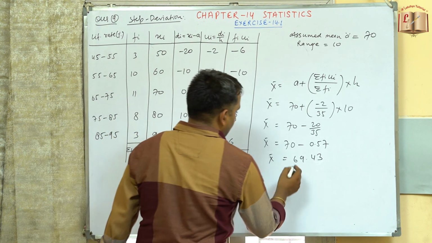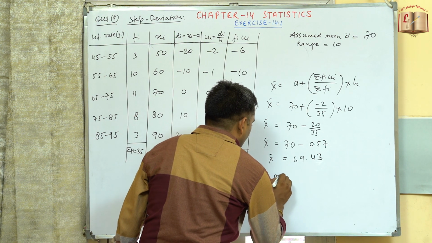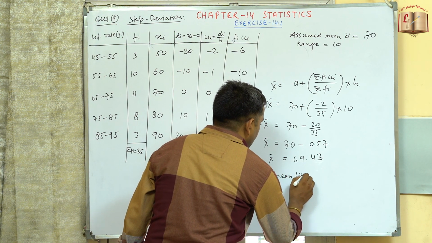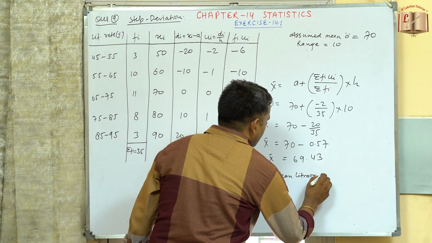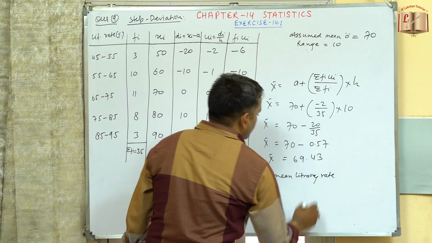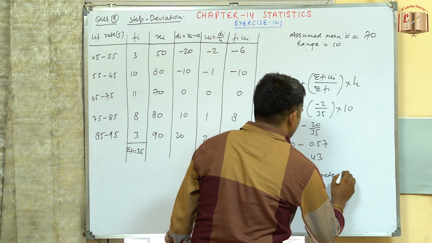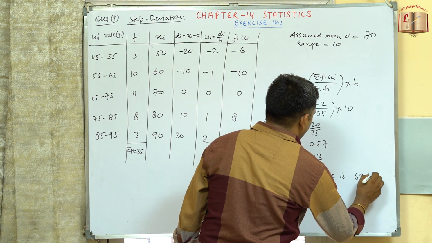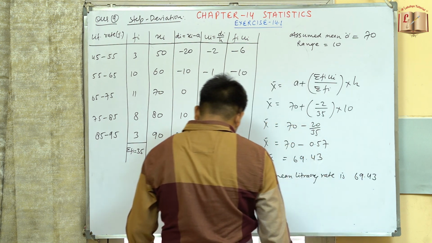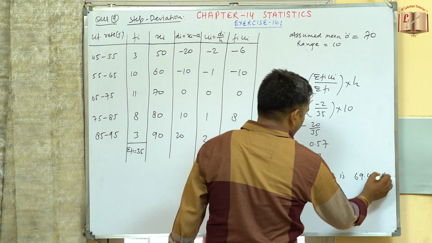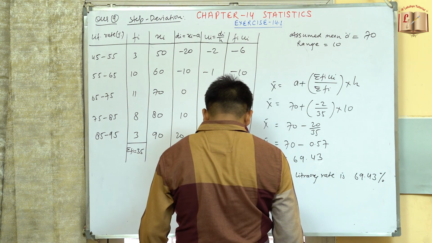So the mean literacy rate is 69.43. This is in percentage.